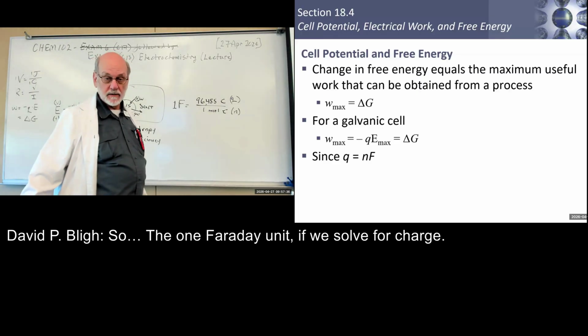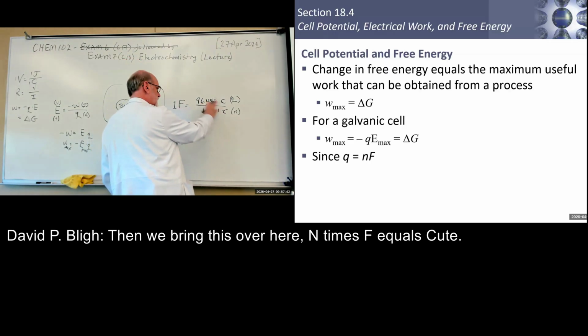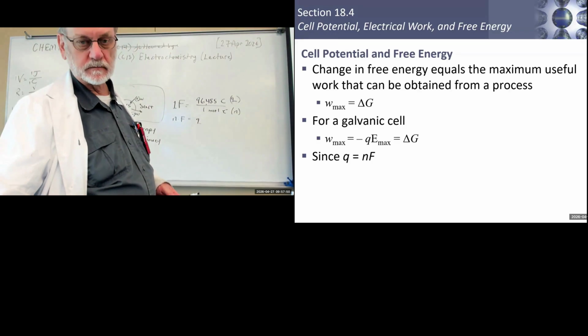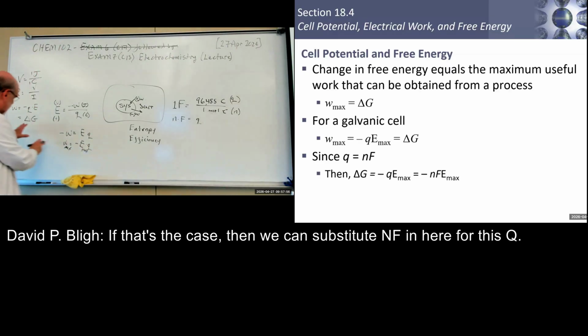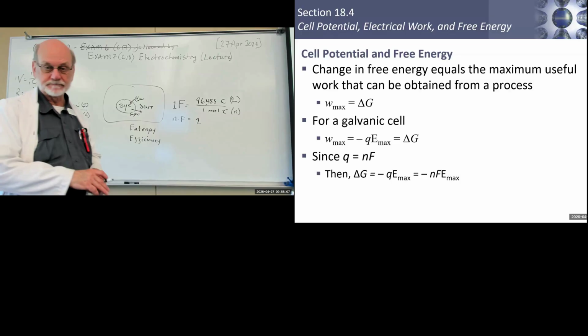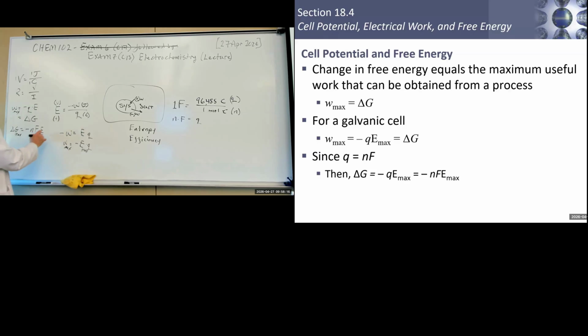So the 1 Faraday unit, if we solve for charge, we bring this over here: N times F equals Q. If that's the case, then we can substitute NF in for this Q. So delta G is equal to negative N F potential. Oh, and this is max. Max work.